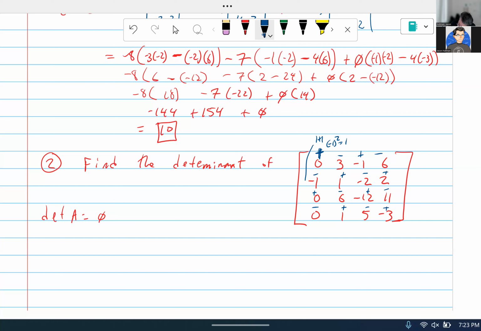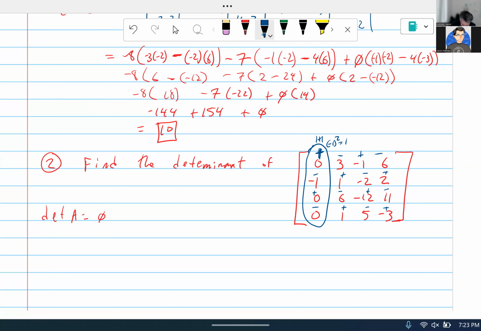And I really want to focus in on this row or that column there because it has, you know, 3 zeros. So the determinant of A is going to be a 0 times the cofactor of 1, 1, but the cofactor is the signed minor, okay?